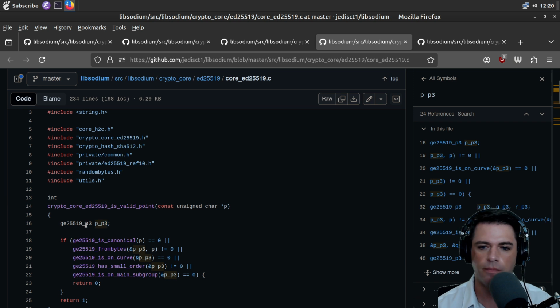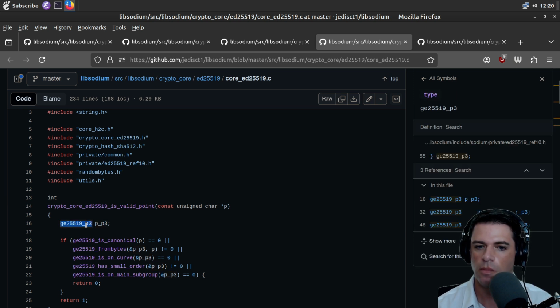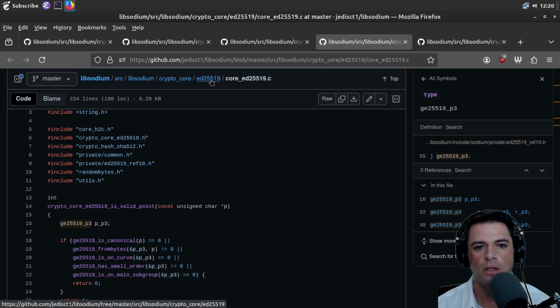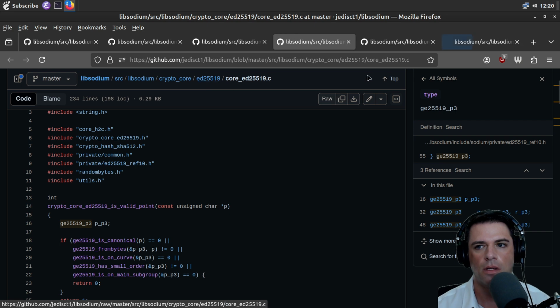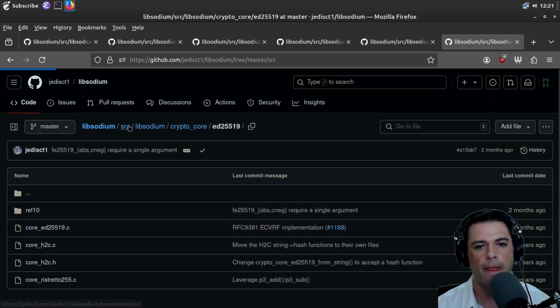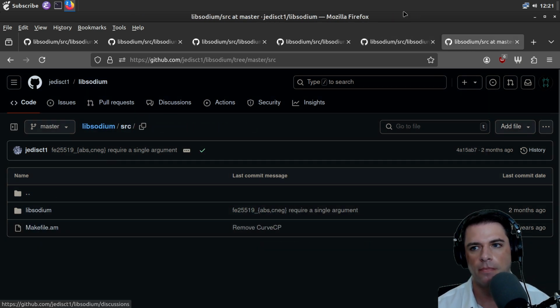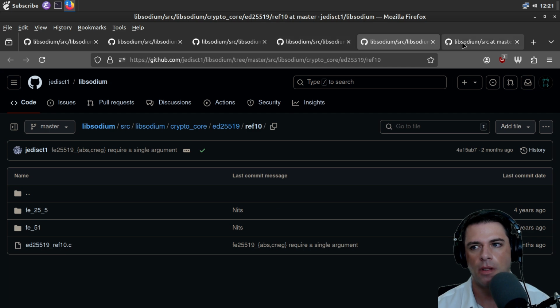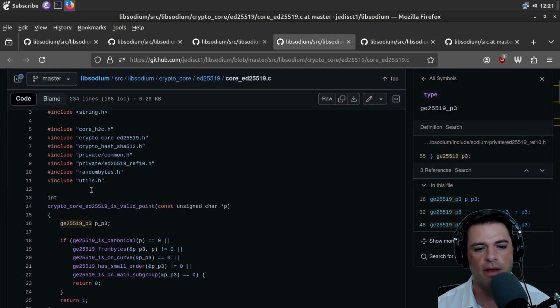Maybe this is a three-dimensional point. We're including crypto core. Maybe I missed the header because it's an include. I would kind of like to know what kind of object this is.